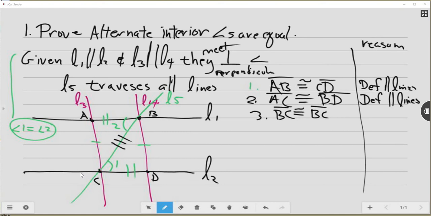Okay, now I'm almost done because I'm just going to say that triangle ABC is congruent to triangle PDC.